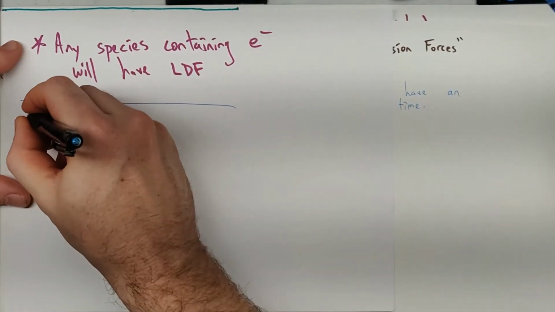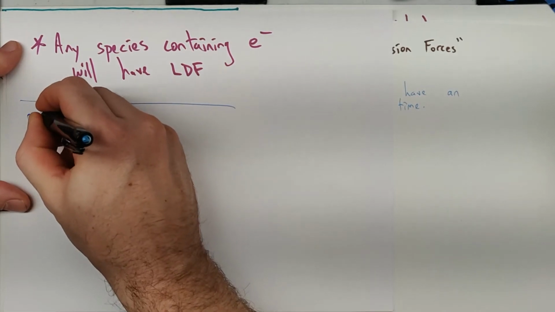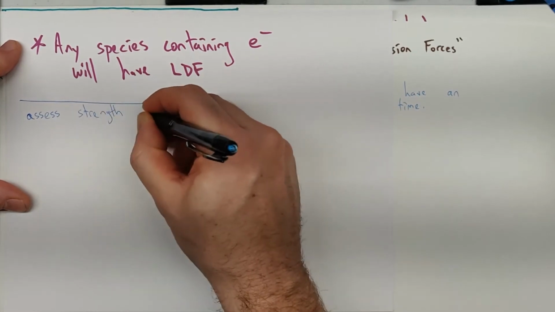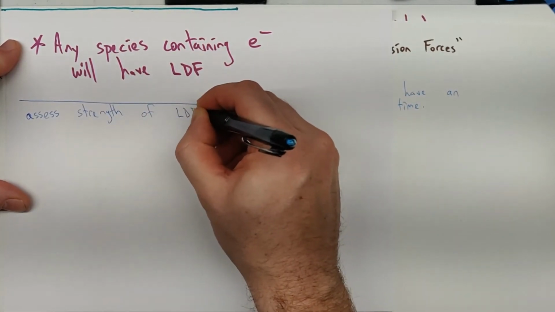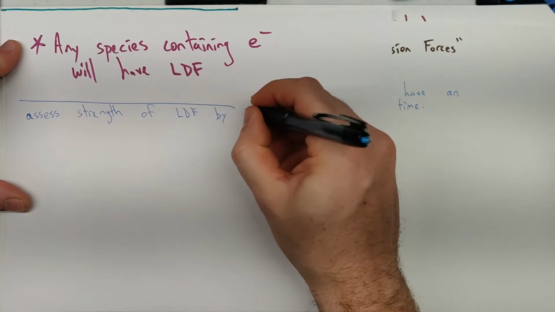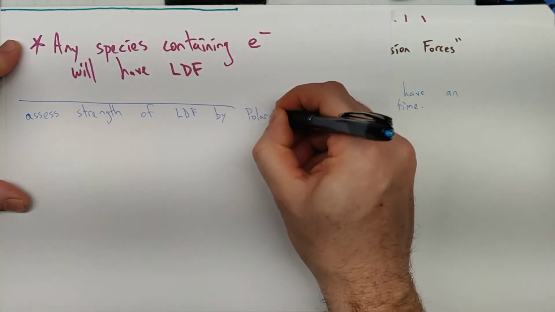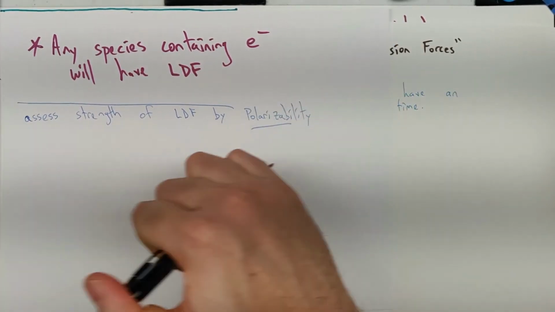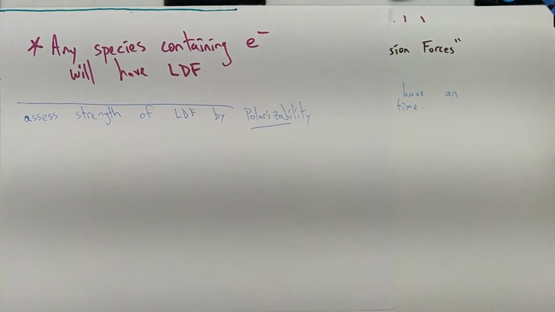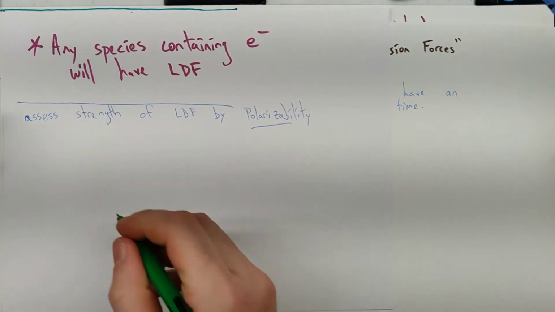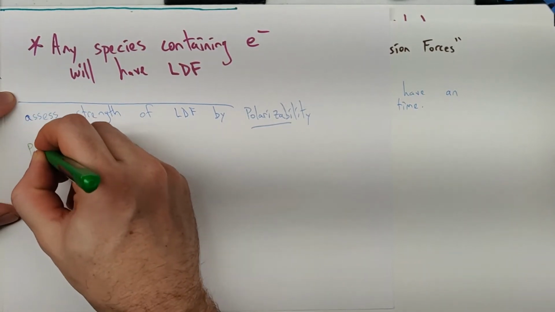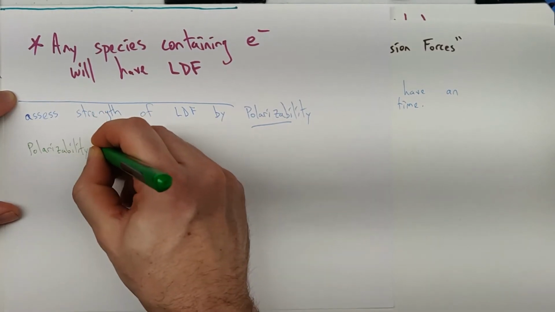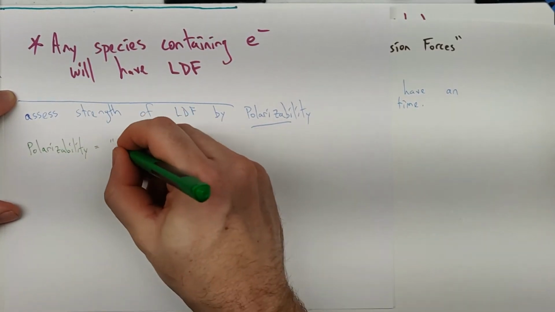So we can assess the strength of London dispersion forces by polarizability. And I think if you just look at the word as it sits, polarizability, the ability to be made polar, right? And I'll put that in quotes.